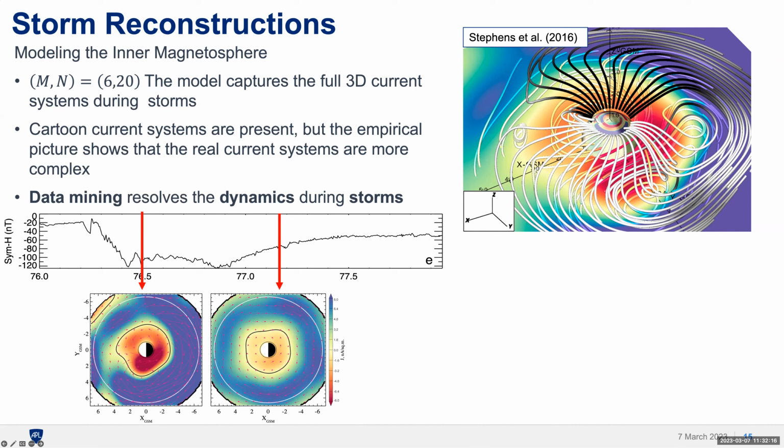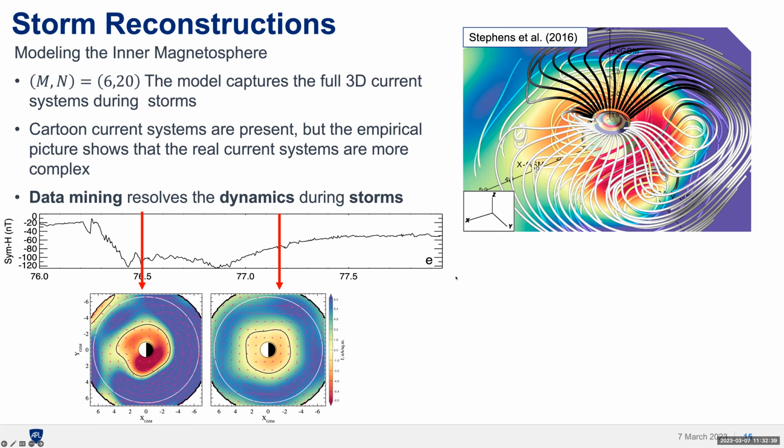So we're seeing this large enhancement of a partial ring current system, which is then closed both through region 2 field line currents, but also through the eastward ring current system. So we see this asymmetry in the eastward ring current system. It's termed the banana current.